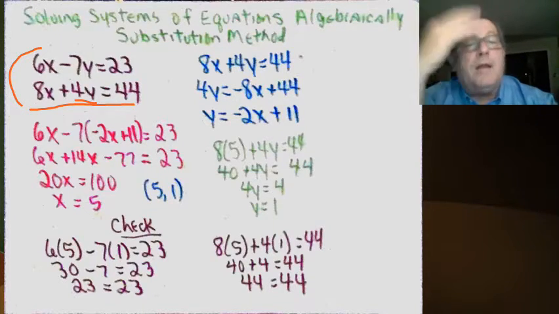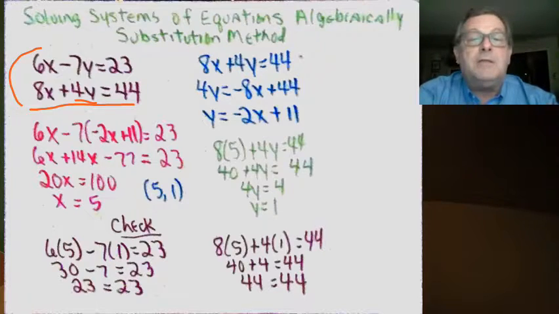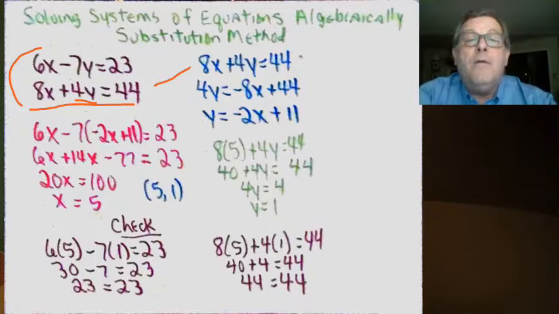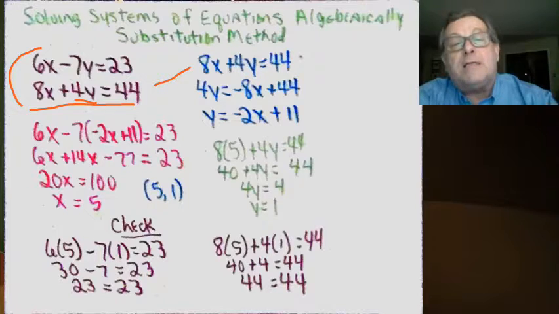So I look up here and I've got 6, 7, 23. It's just going to be too messy. I'm going to end up with a bunch of fractions, and I'm trying to avoid that. So I'm going to choose this one first. I'm going to isolate y, because I don't want to do it for x. If I do it for x, I'm going to end up dividing by 8, and I'm going to end up with a fraction, and I don't like that.